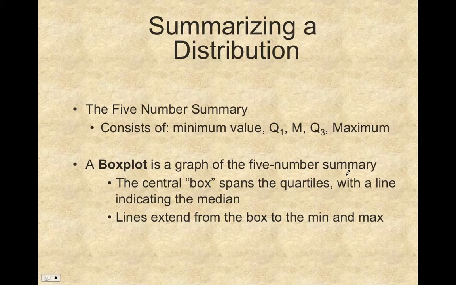So this brings us to something called the 5-number summary. The 5-number summary is a numerical description of a set of data. It can take a very large set of data and summarize it in a pretty succinct way. And in order, it consists of the minimum, the first quartile, the median, the third quartile, and the maximum. A box plot, which when you were in, I don't know, Algebra 1 or something like that, you learned of as a box and whisker plot, looks something like this.